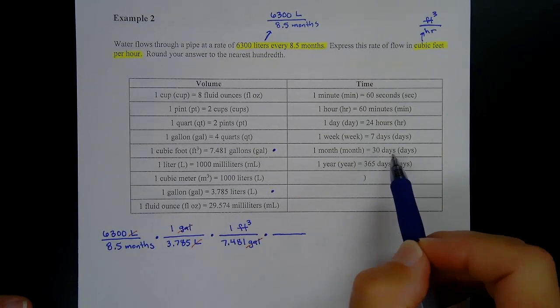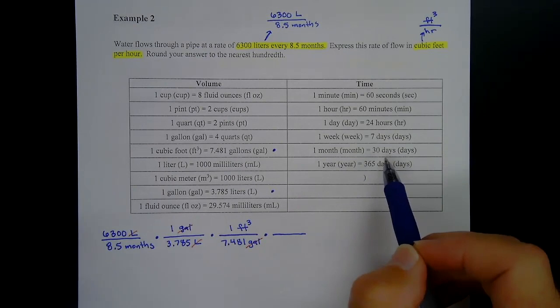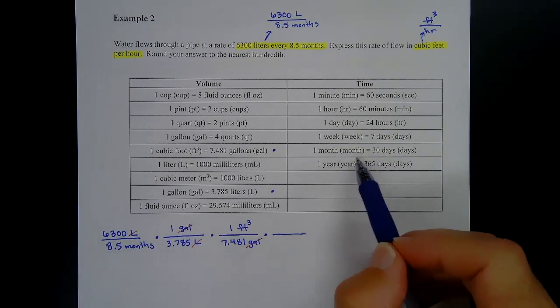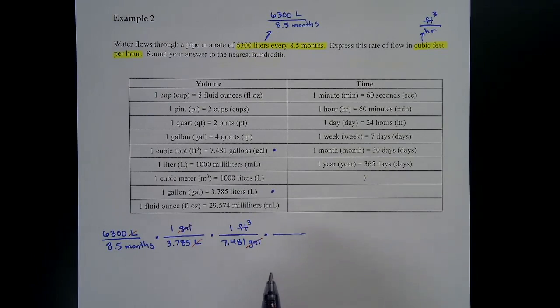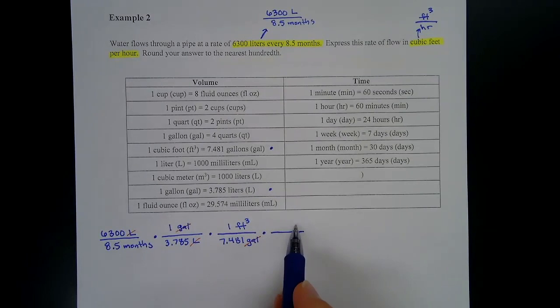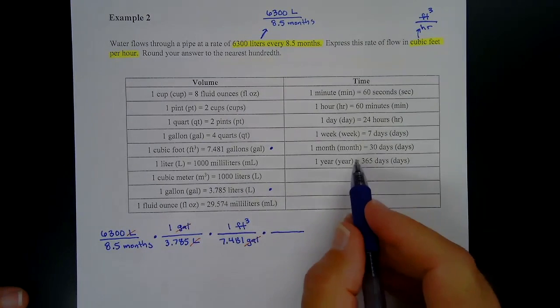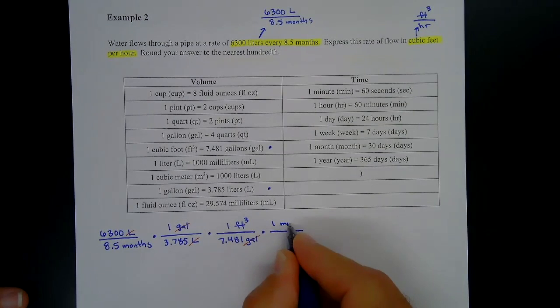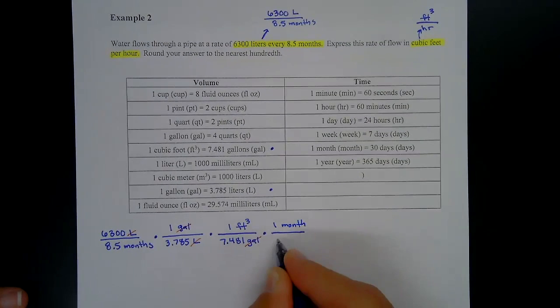This is just an average, just so we're all doing it the same way. So just for the sake of argument, let's say 1 month is 30 days. Where do I want the months? Because the months are in the denominator here, I want them in the numerator for the conversion factor. So 1 month on top, 30 days on the bottom.